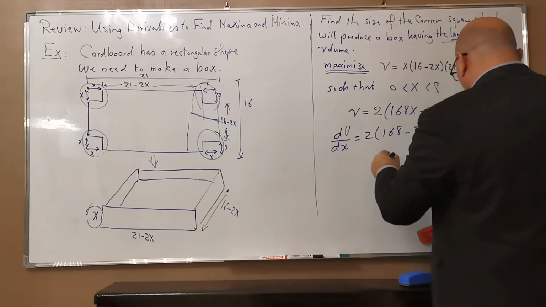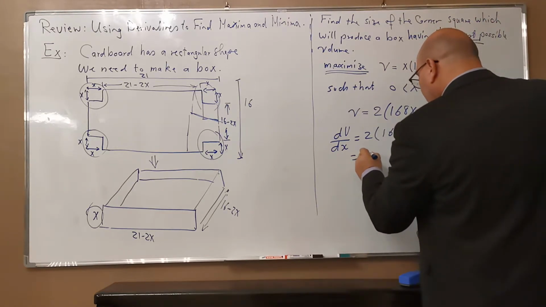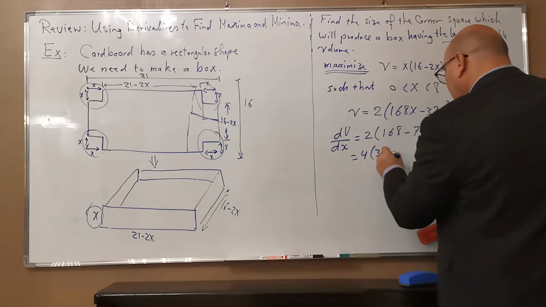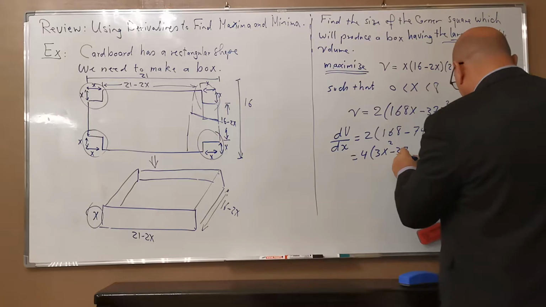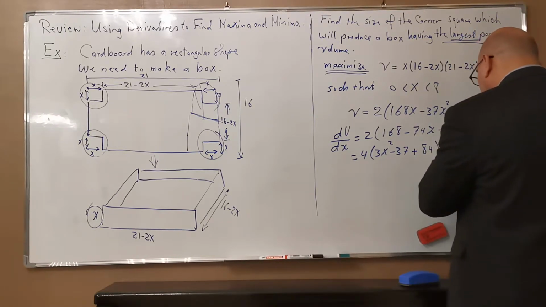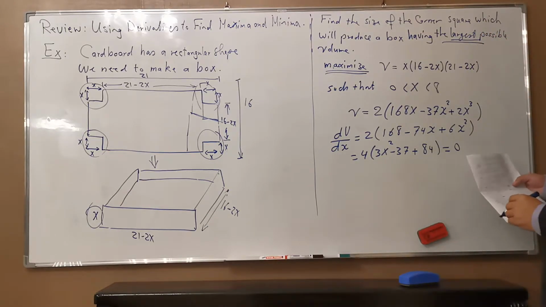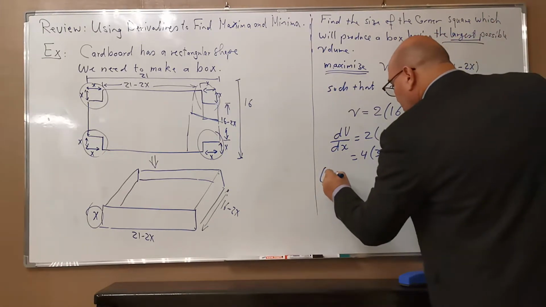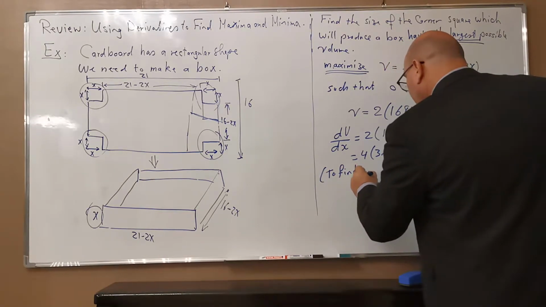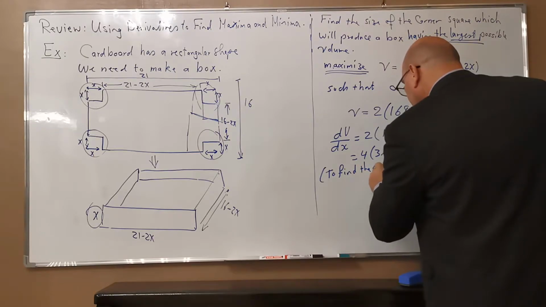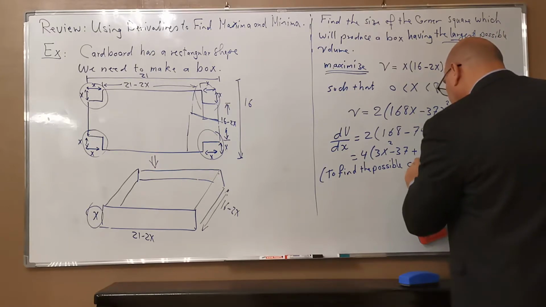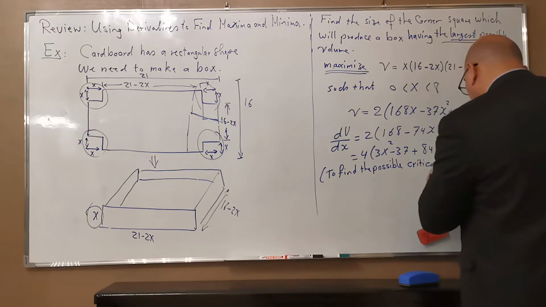Let's take out another 2, so this is equal to 4 times (3x squared minus 37x plus 84). And we will set this equal to 0 to find the possible critical points.